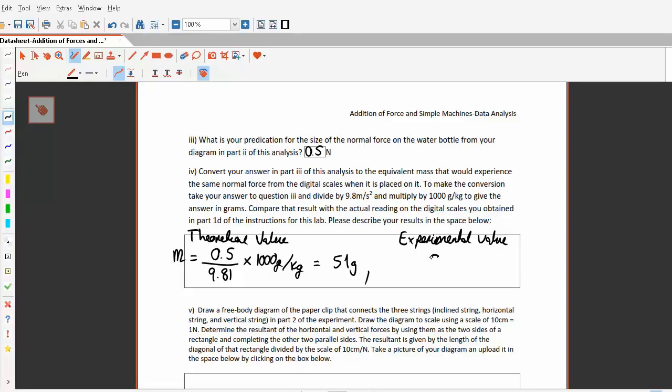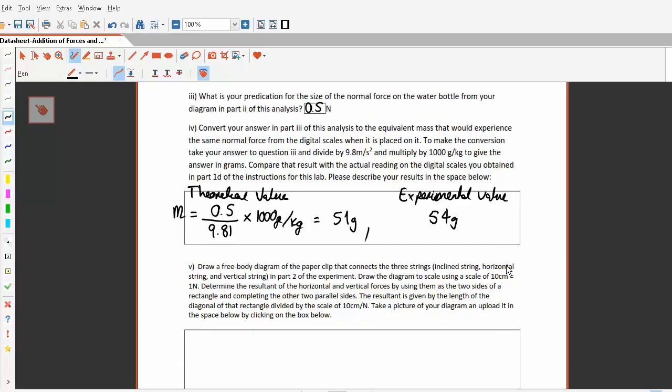And let's just say I got 54 grams. We can compare the two and we can determine whether they're reasonably close or maybe they are not particularly close, in which case we can discuss why that might be.